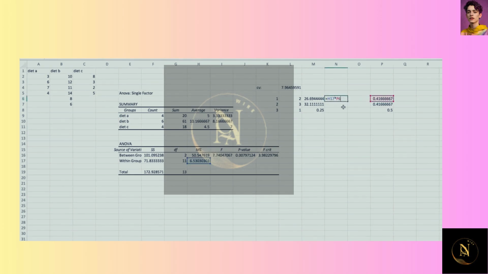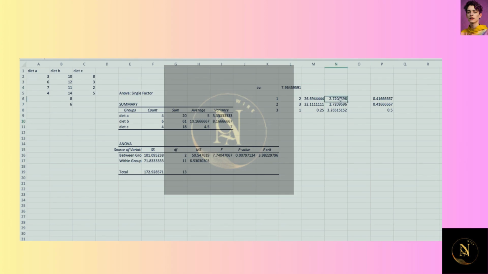Actually, before we do that, just to make the formula easier, I'm going to take that mean square within group number, press function 4, and then multiply it by that value. In that way, I can just pull that down. See?